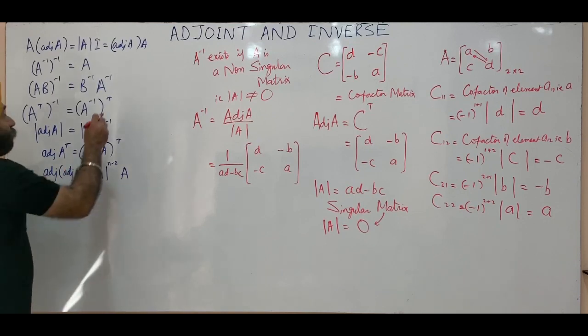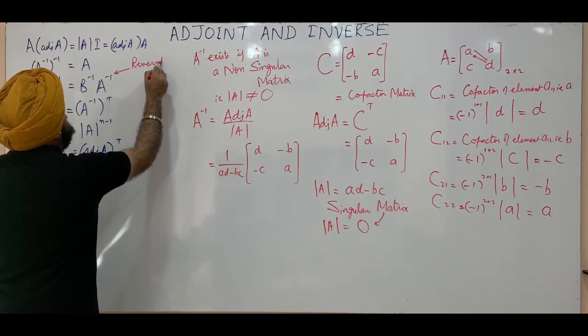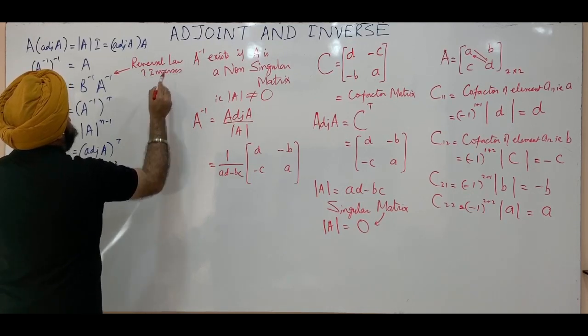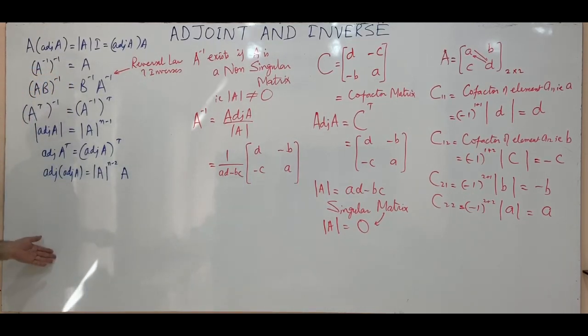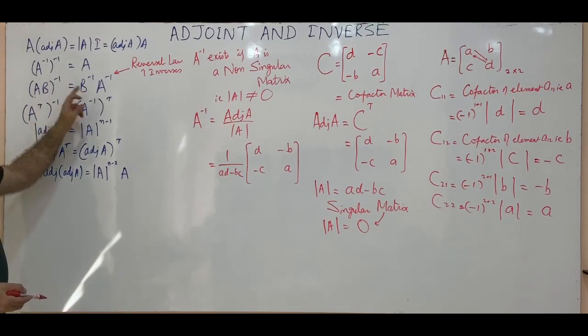This is called the reversal law, the reversal law of inverses. We know the reversal law for transposes also. This is the reversal law for inverses: (AB) inverse is B inverse into A inverse.